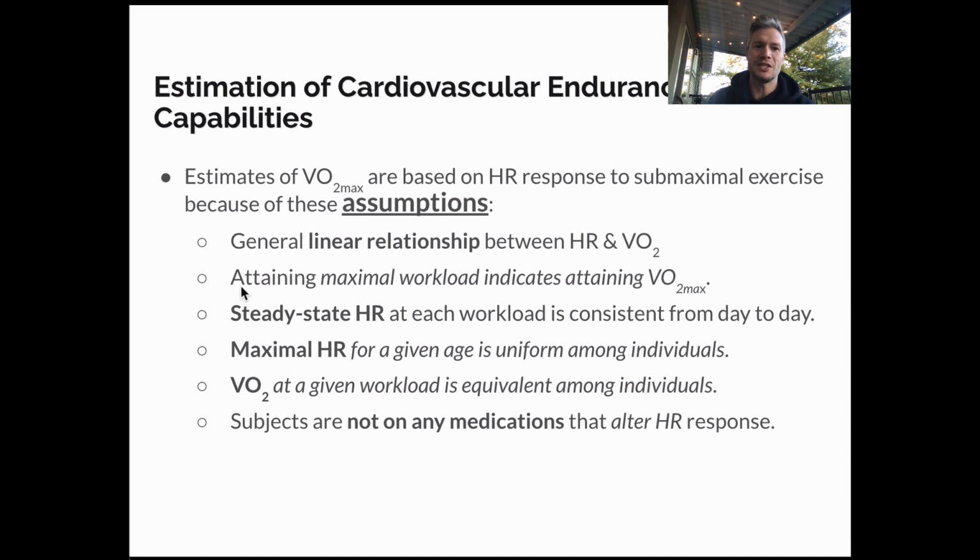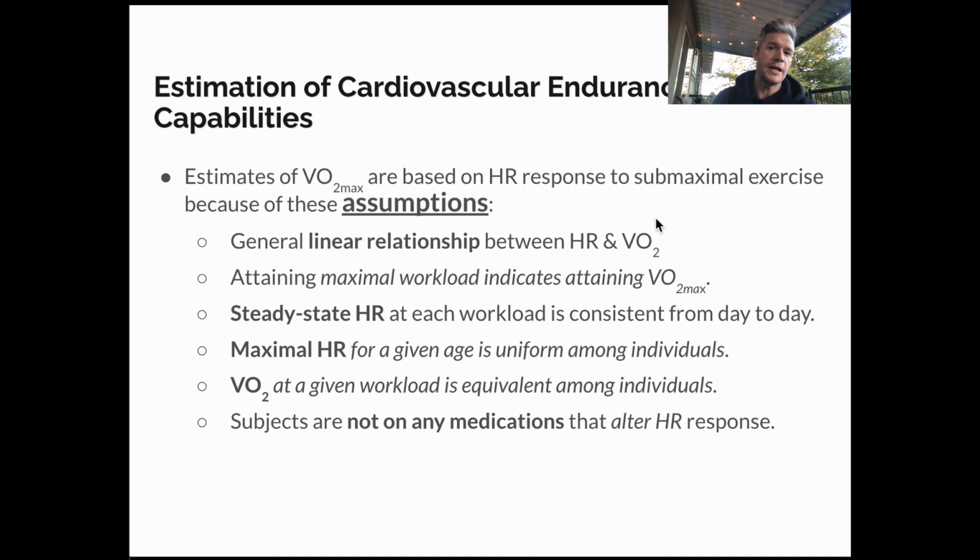Okay, next assumption is that attaining a maximum workload indicates attaining a VO2 max. So we'll speak to this in a moment, but again, a lot of these graduated or ramp aerobic tests where you slowly, incrementally increase the intensity, you do so by increasing the workload, right? Again, if you're on a treadmill, you're increasing the percent gradient or the speed.